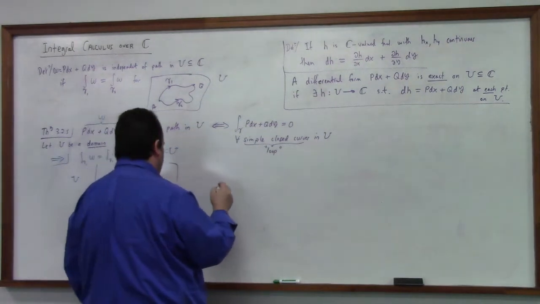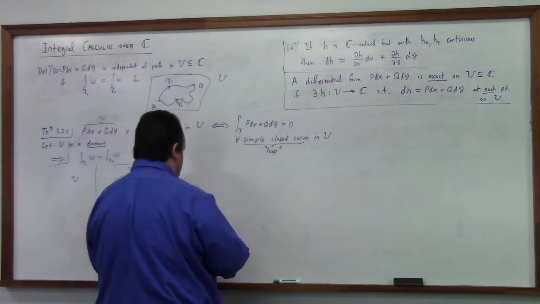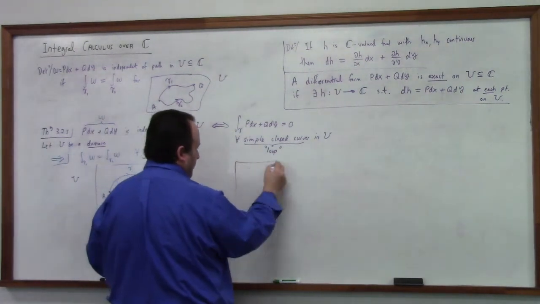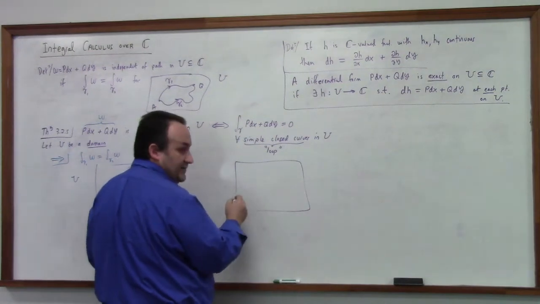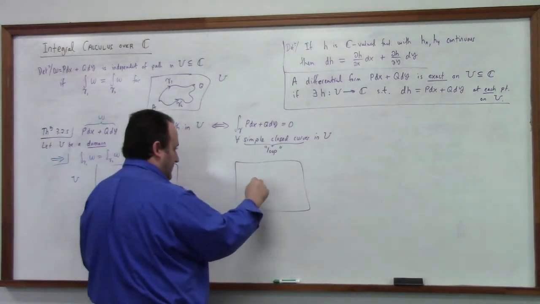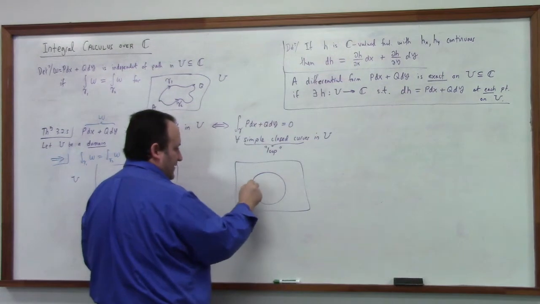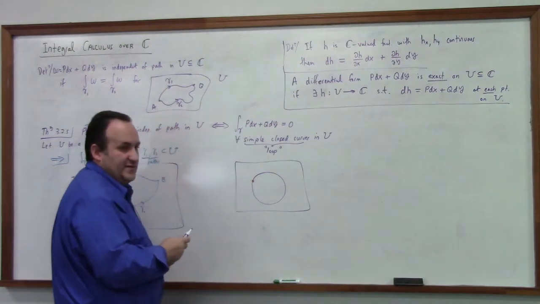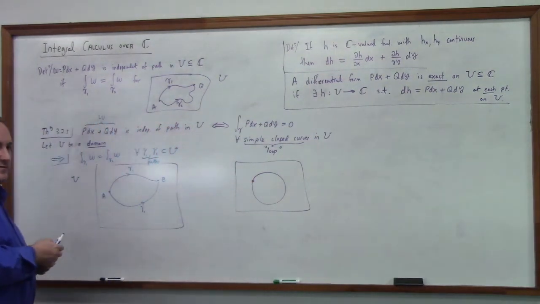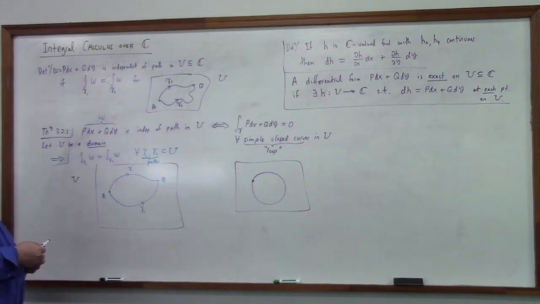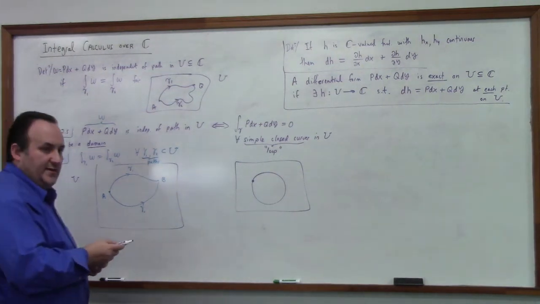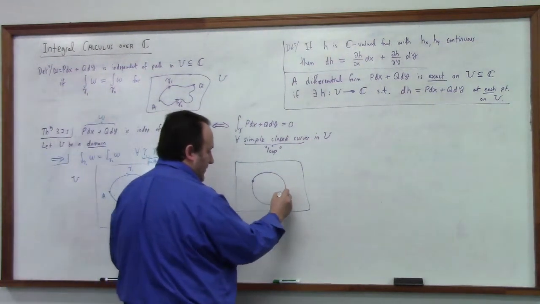So what do I need to do? Here's my universe. I need to show that the integral around a loop is 0. So you pick a loop. It has the same starting and ending point, but it doesn't intersect itself anywhere in between. Why should that integral be 0? Well, look at this. Pick any other point over here.